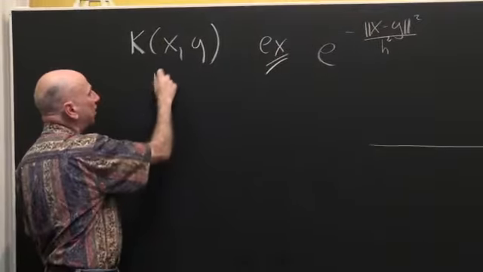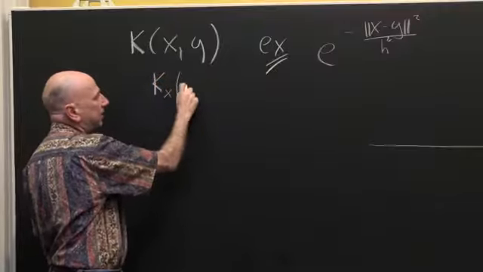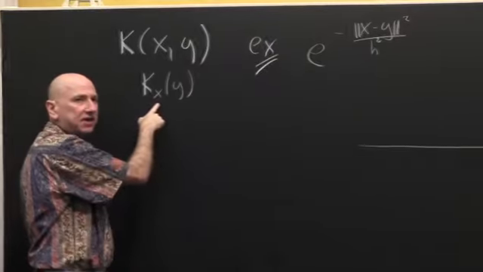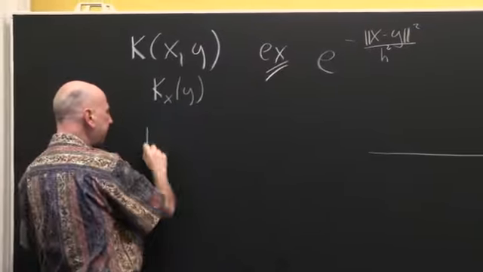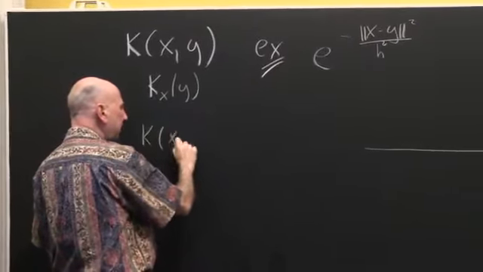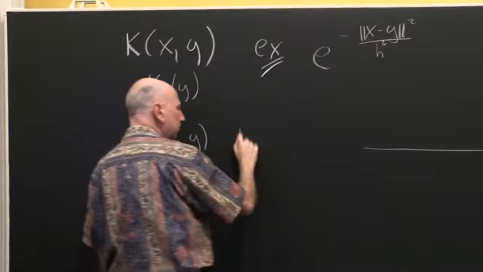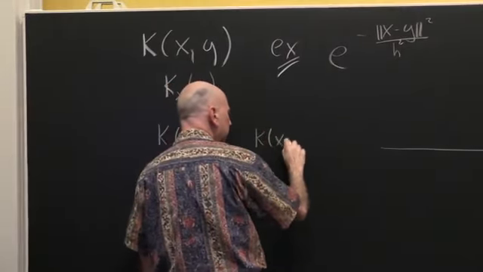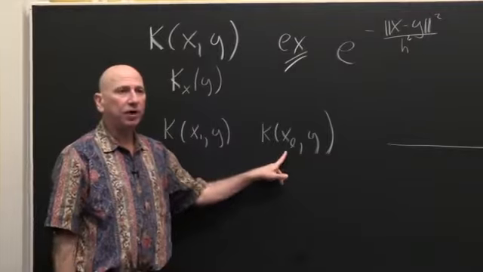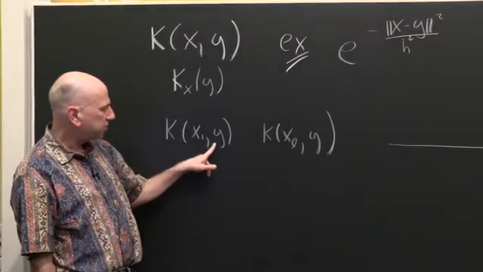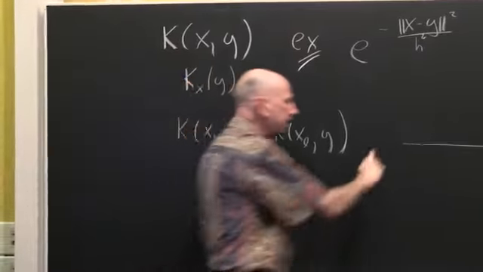In fact, sometimes I'll write it like this to indicate I'm thinking of x as fixed. I'm just fixing one of the coordinates. And in fact, let's pick a few numbers. Suppose I just pick, let's say, L points and fix them. So now these are just functions of the second coordinate.